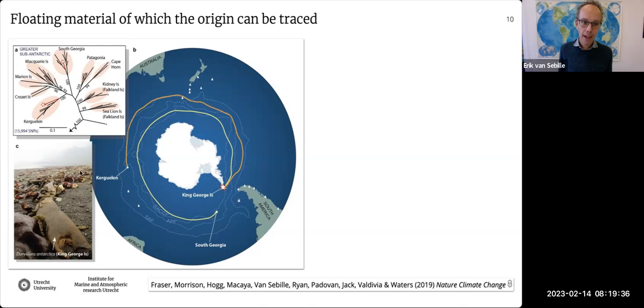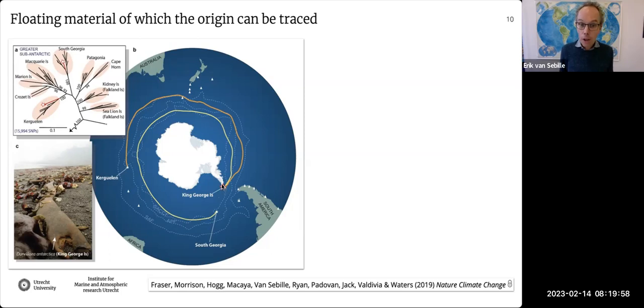It was found by a Chilean biologist that walked along this beach, saw this piece of kelp lying there and realized that that doesn't belong on King George Island. It is not an organism that lives anywhere close to Antarctica.